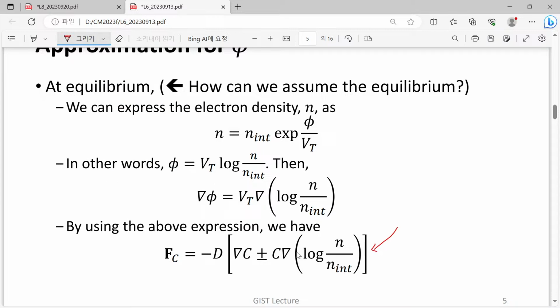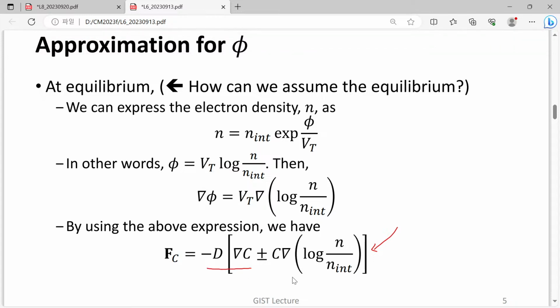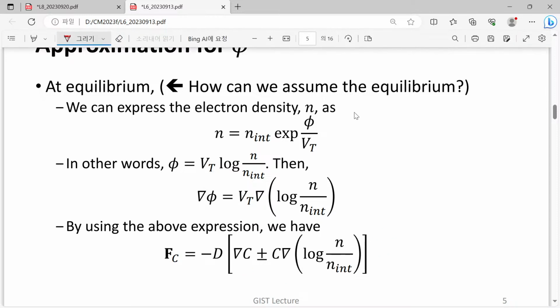Without the drift term, we just have this quantity. However, here we have another term originating from our drift term. Do you remember this one? Now let's try to make a one-dimensional version of this flux.